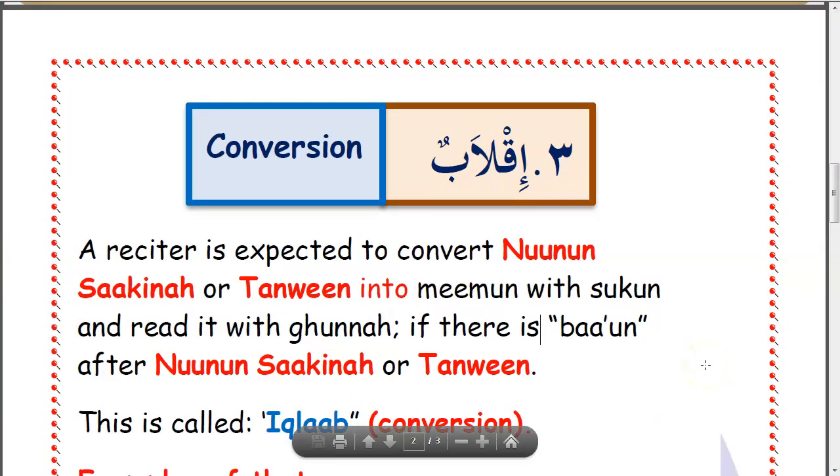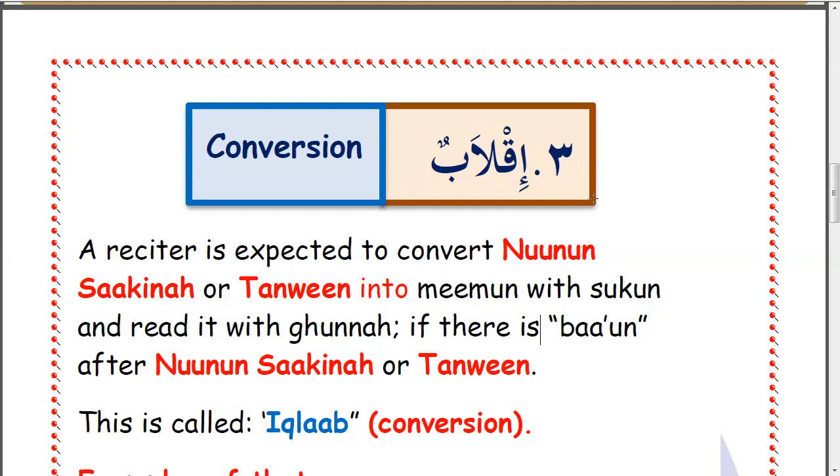In this part of the lessons, we are going to discuss another concept in Tajweed, which is known as Iqlaab. Iqlaab means conversion.